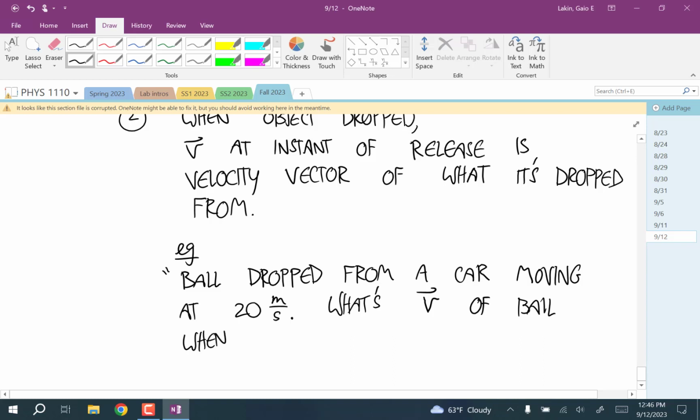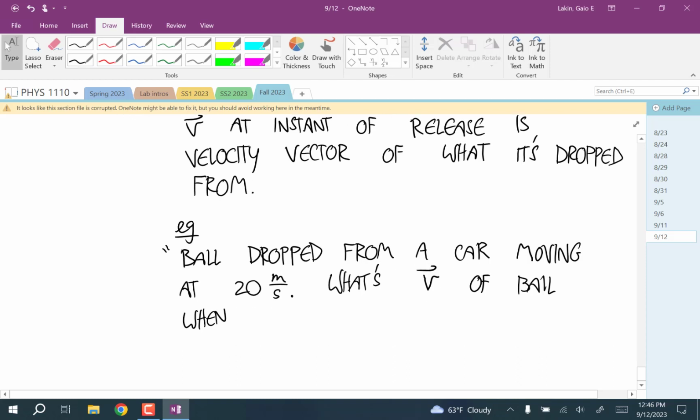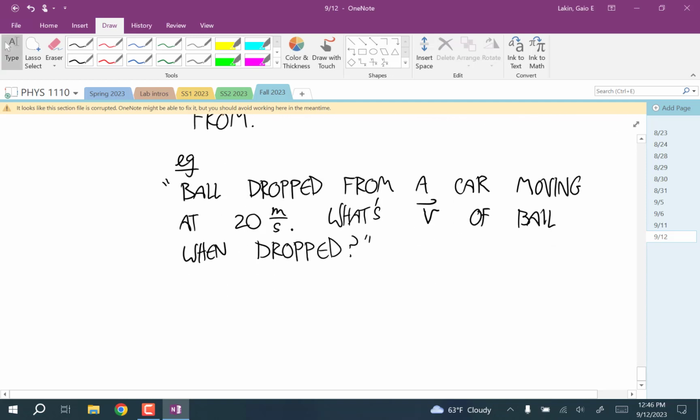You know, a little after it's dropped, gravity's going to change it, whatever other stuff is going to change it. But at the instant it's dropped, what's its velocity vector? Well, it's dropped from a car that's moving 20 meters per second, and assuming that the road is flat, there's the velocity vector of the car at the instant the thing is dropped.